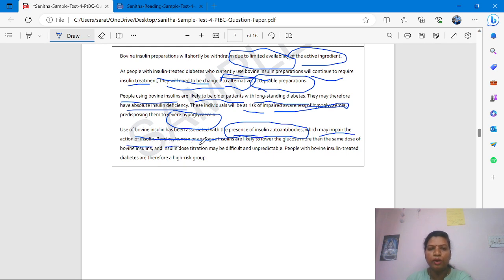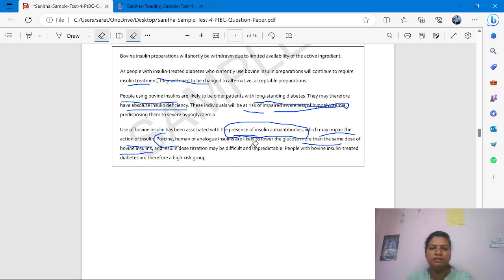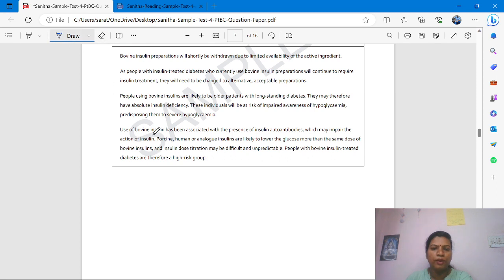Porcine, human or analog insulin are likely to lower the glucose more than the same dose of bovine insulin, because the patient's body contains more insulin antibodies.